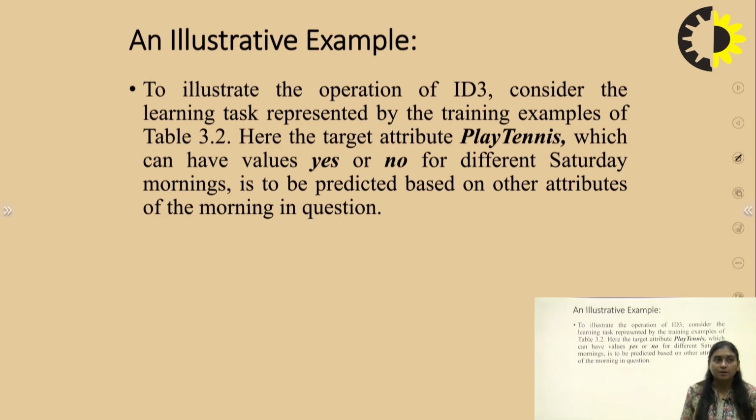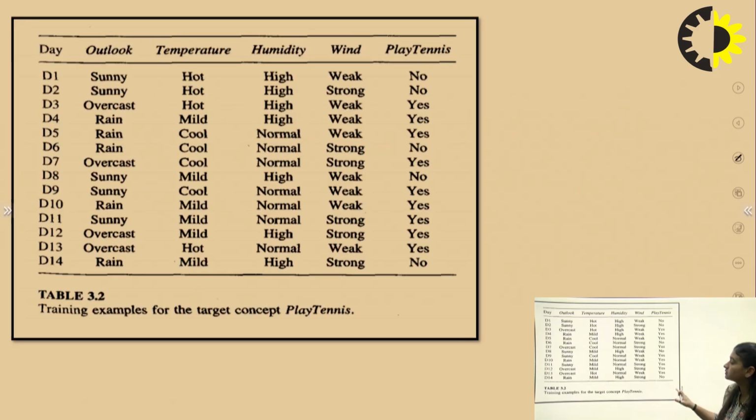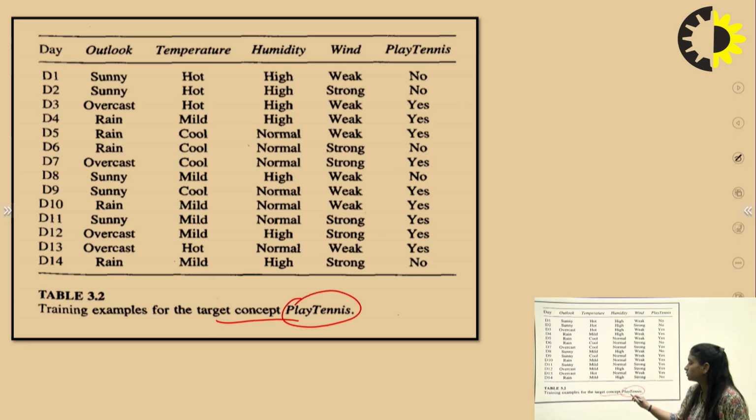So this is an example to illustrate the operation of ID3 and especially of the entropy and the information gain. Consider the learning task represented by the training examples. This is the training example for the target concept play tennis. So we want to learn whether a person will play on a particular day or not, and that is why the concept is called play tennis. It can be yes, it can be no. So it's a binary classification.